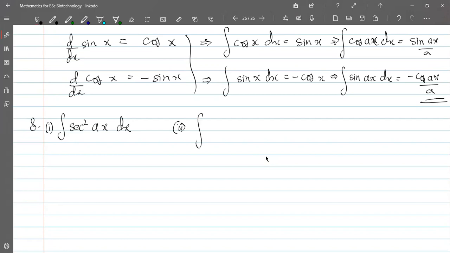So it's not just a matter of recalling some existing result. Whereas this one, secant square, is similar to cosecant square. This also you just have to remember. Then similarly you have integration of secant ax tan ax.